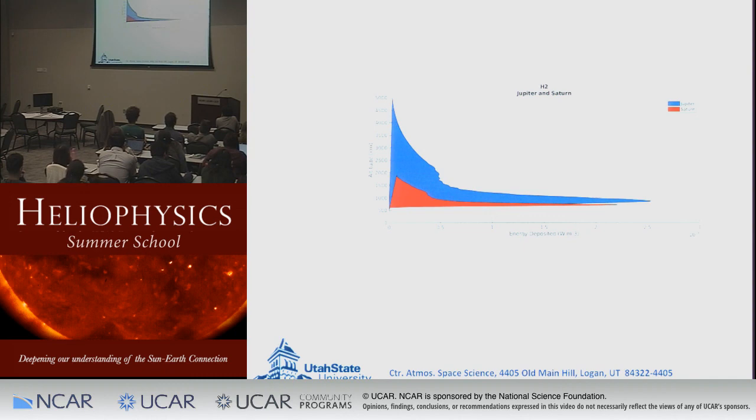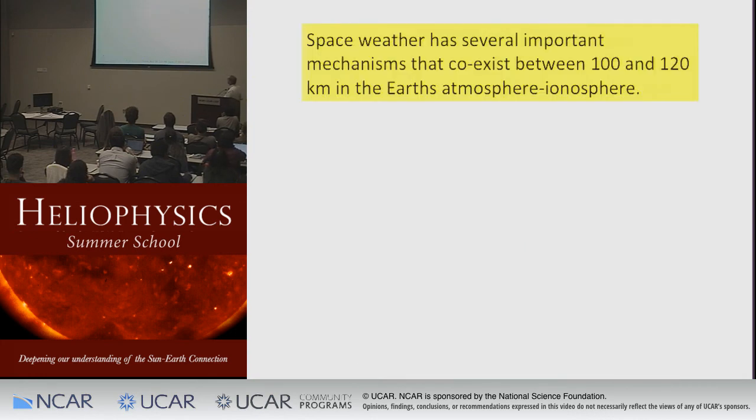Basically, the energy deposition is occurring at some altitude. Above is at risk to the space weather. Below is at least protected. And this is then, space weather has several important mechanisms that coexist between 100 and 120 kilometers in the Earth's atmosphere, the ionosphere. So this is our takeaway from this morning.